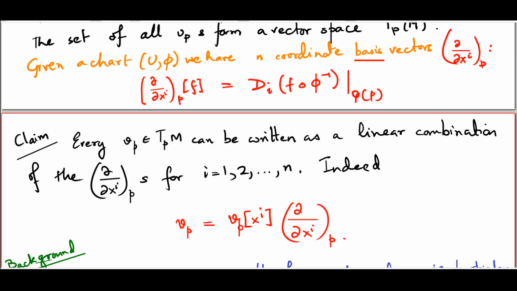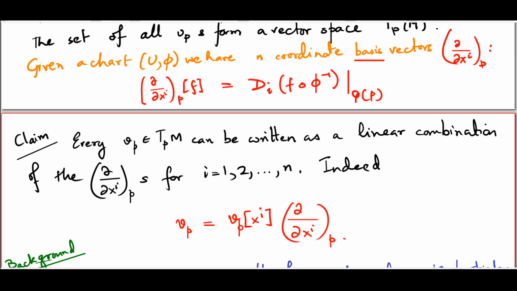And indeed, we had also shown in the last lecture that if you grant me the fact that every Vp can be written down as a linear combination of the del xi p's, then it has to be this particular linear combination, Vp acting on xi, times del xi p. However, we have not really shown this basic result.